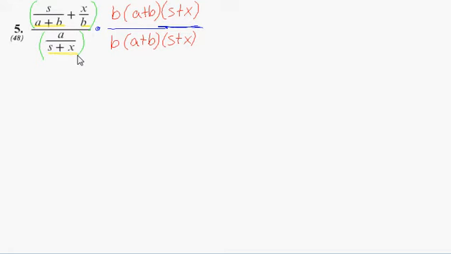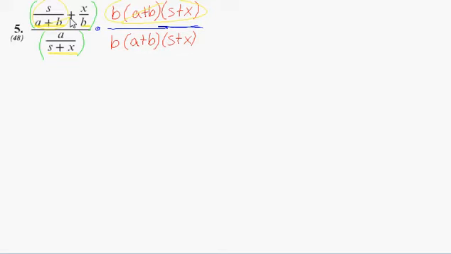Okay. Well, notice that this, and I'm just going to change this to yellow. Notice that when we're multiplying this times this, the b doesn't cancel, but the a plus b cancels with this a plus b. Okay?